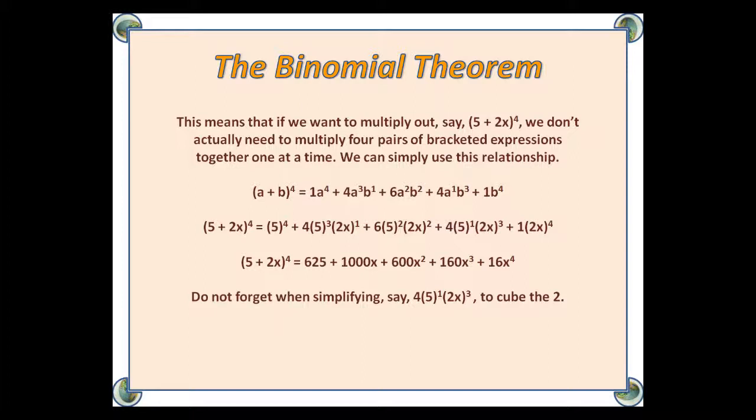So we get 5^4 + 4 lots of 5^3 times 2x, etc. And then when we multiply it all out, we get 625 + 1000x, and so on. And the important thing, do not forget when simplifying, say, 4 times 5 times (2x)^3, to cube the 2.